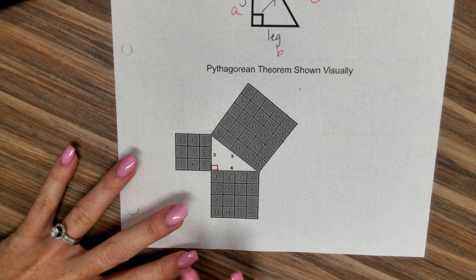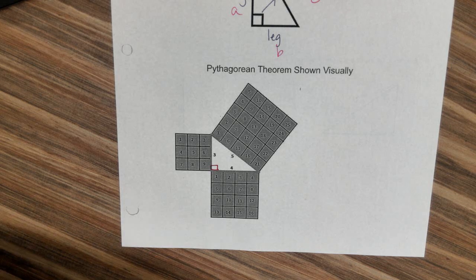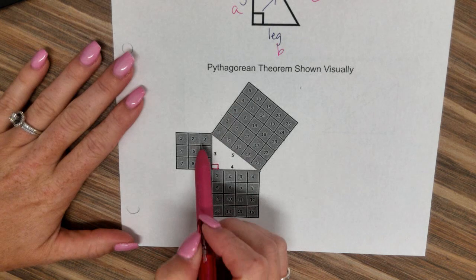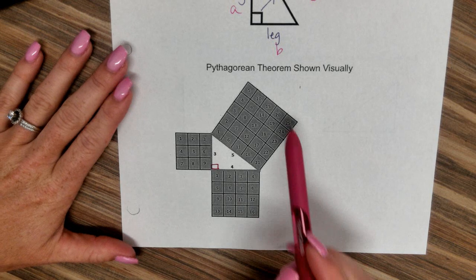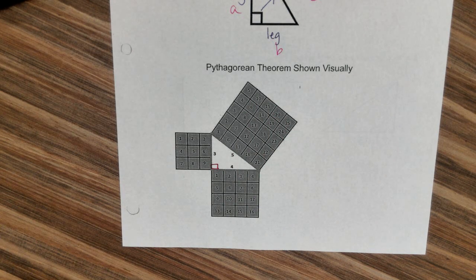But if they hadn't put that angle there, you could prove that this is a right triangle, because if it is, then Pythagorean theorem has to be true. Meaning, the area of this square plus the area of this square has to equal the area of that square. If it doesn't, then it's not a right triangle.